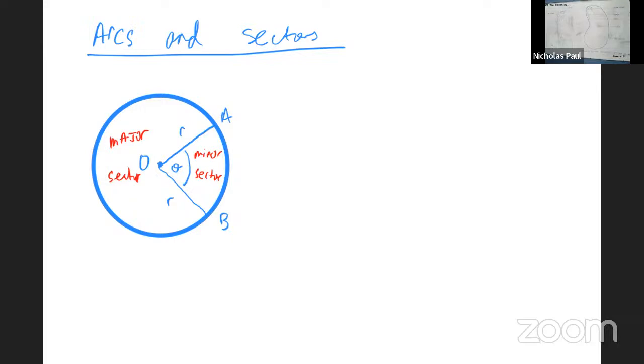If you take the major sector and you add the minor sector, you'll end up with the entire circle.